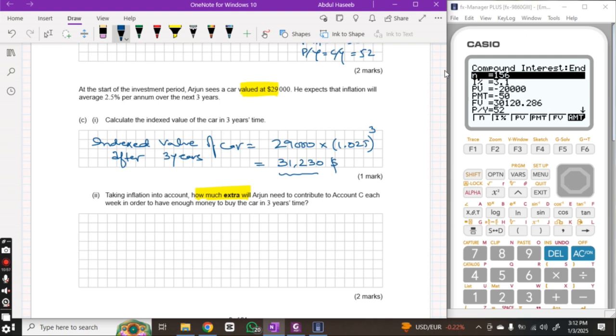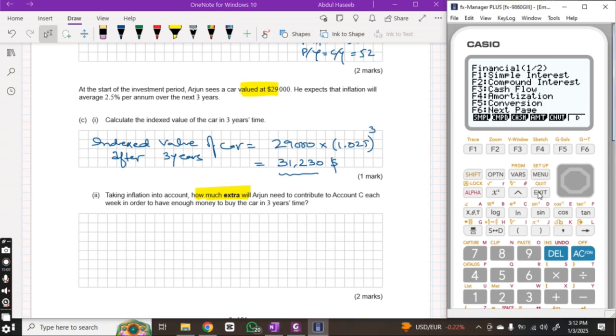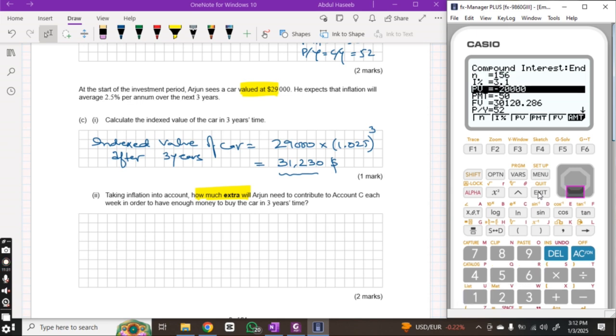So again, let's go to our calculator. N is 156, compounding period is the same, percentage I is also the same. PV is again minus $20,000. PMT needs to be found, and the future value that he is saving for is the only thing that's changed, so 31,230. PY and CY are also the same.